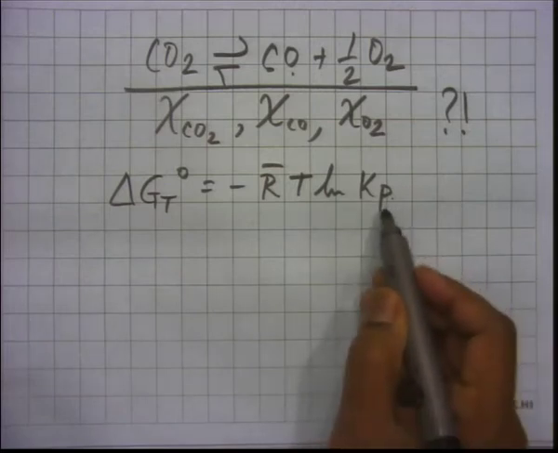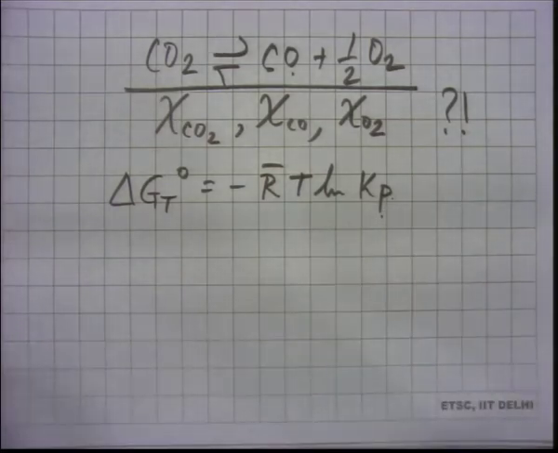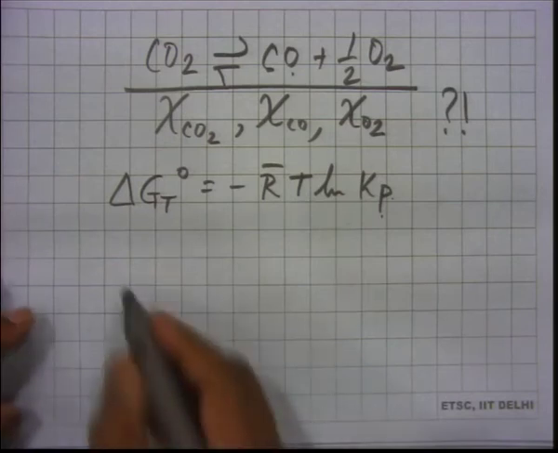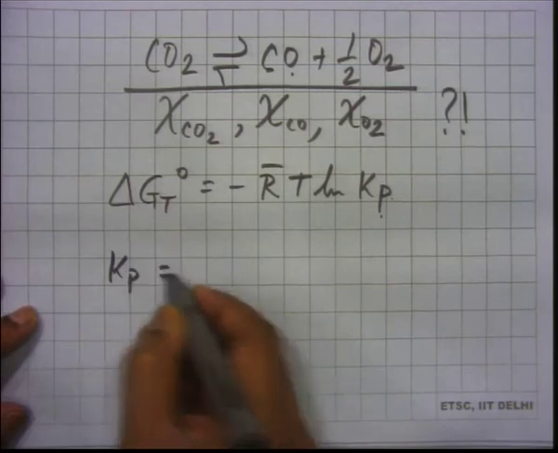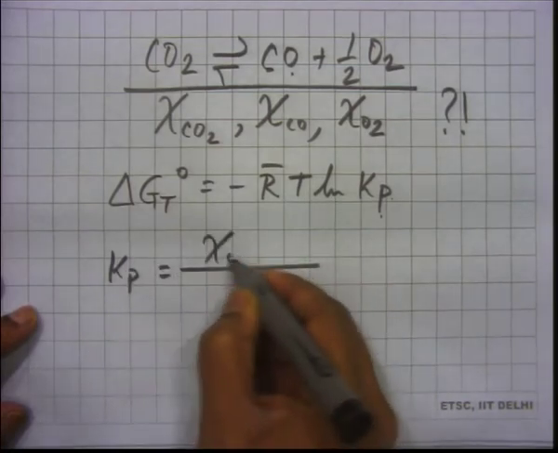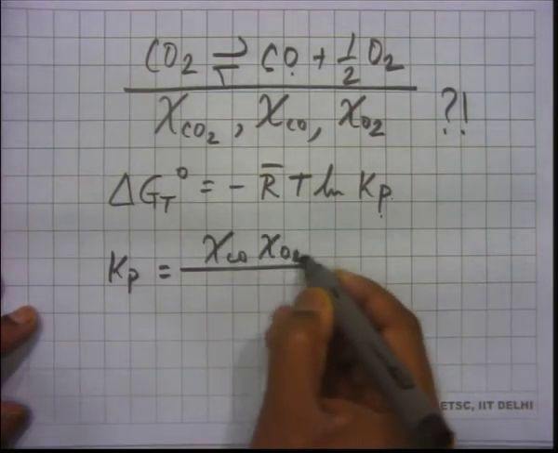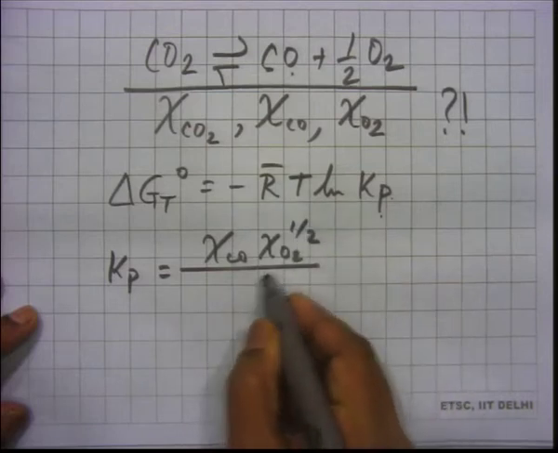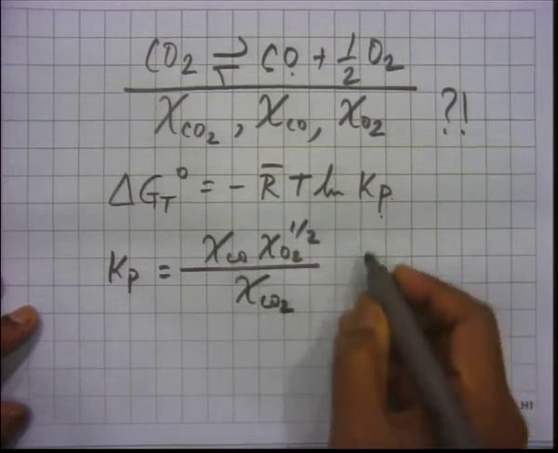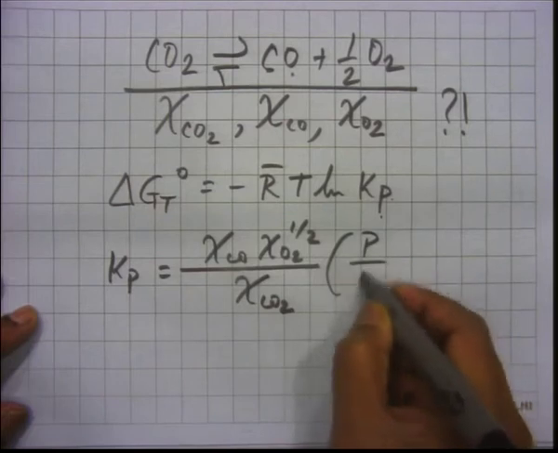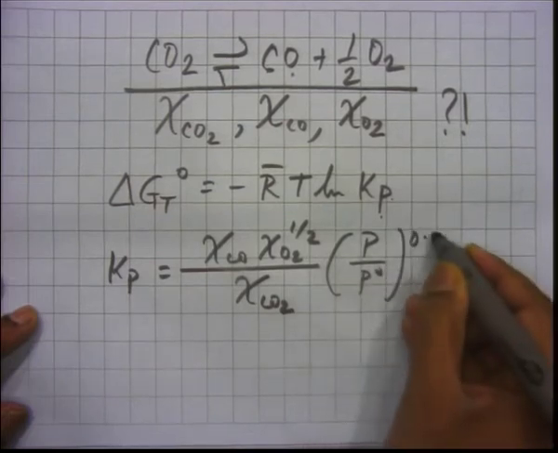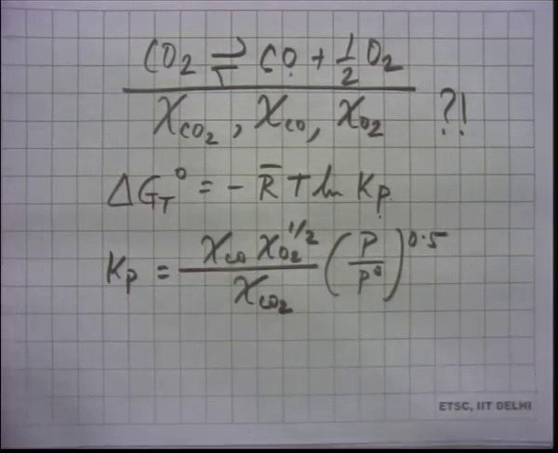This has the mole fractions hidden in it, so we will get three mole fractions in this one for Kp. So, Kp will be like this.